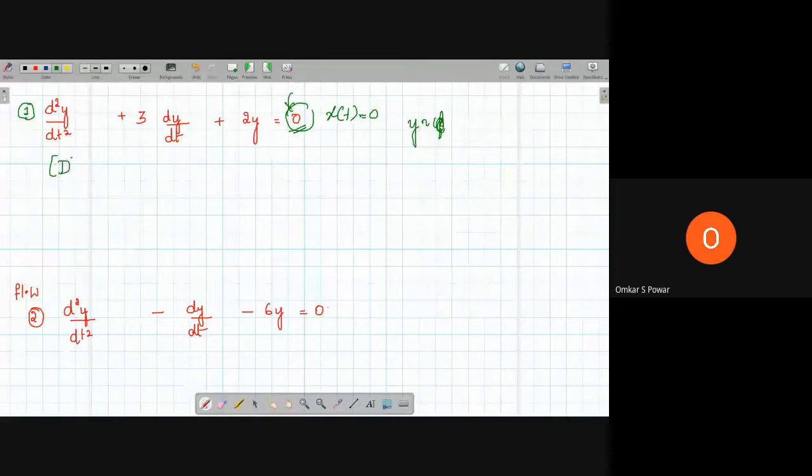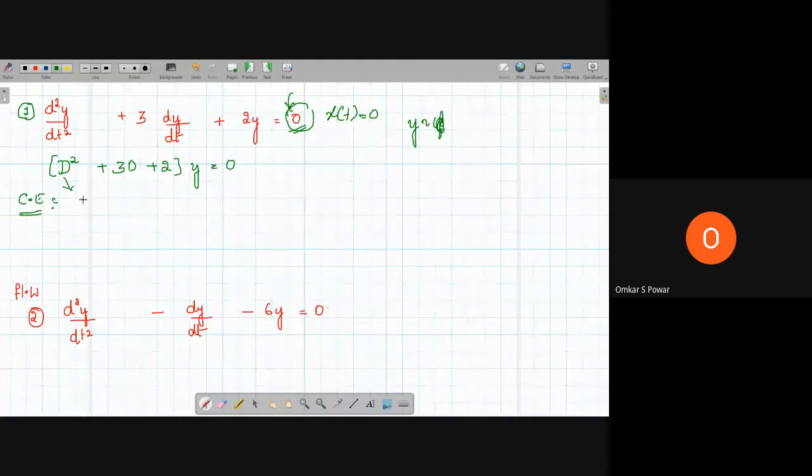(D square plus 3D plus 2) y is equal to 0. You know this because d by dt is equal to this big D. Now to write the characteristic equation, replace this D by lambda. So lambda square plus 3 lambda plus 2 is equal to 0.